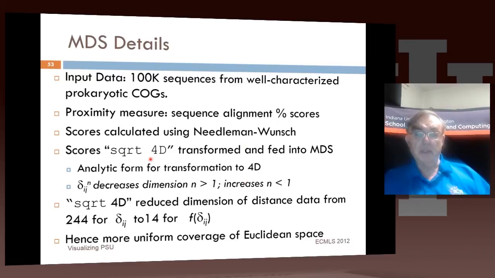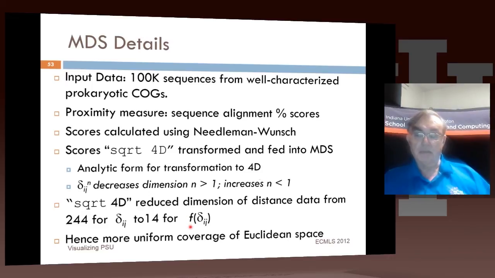Then we apply a function f, which I don't want to go into, which is the so-called square root of 4D method. Go to our paper to see what that is, and that defines this mapping function f.